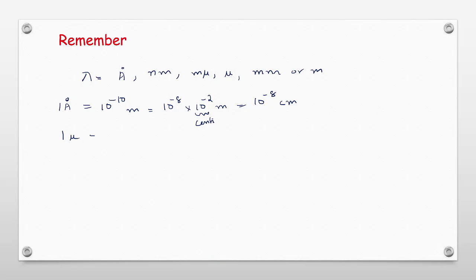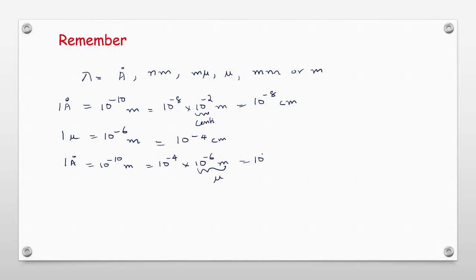1 micron is equal to 10 raised to minus 6 meters, which is equal to 10 raised to minus 4 centimeters. Now how we can write the relation between Armstrong, millimicron and micron? So 1 Armstrong is equal to 10 raised to minus 10 meters, which is equal to 10 raised to minus 4 into 10 raised to minus 6 meters. 10 raised to minus 6 meters is micron.